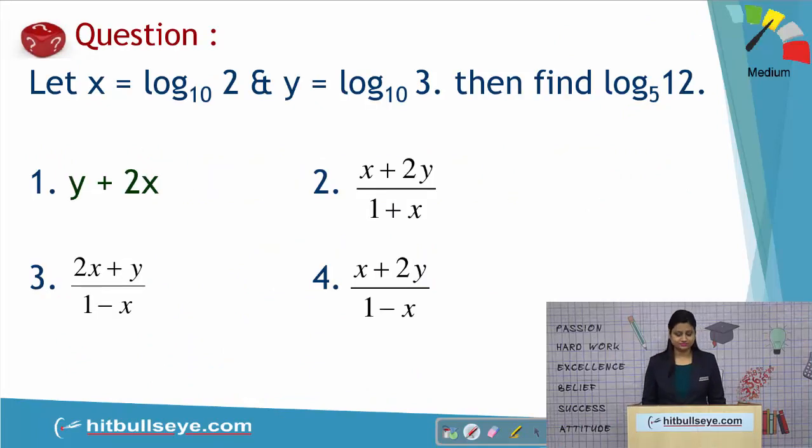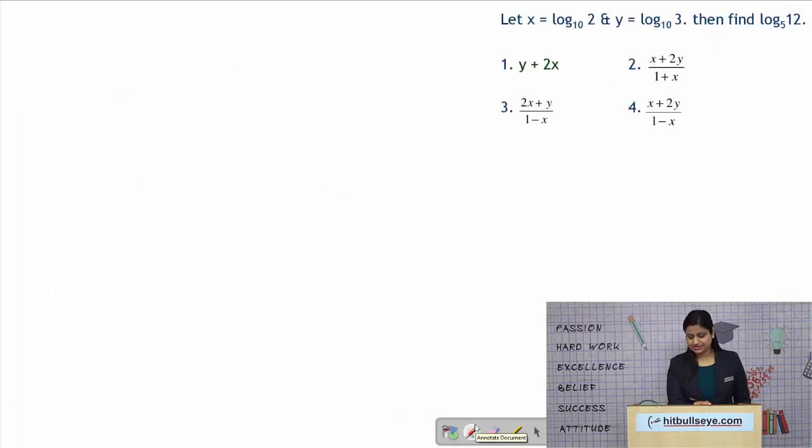Now the next question. Let x is equal to log 2 with base 10 and y is equal to log 3 with base 10. With the help of these two values, we want to calculate log 12 with base 5. And the options are also given in this question. So let us see. You can see here that all the options are in the form of x and y. So we want to make use of these two values, log 2 with base 10 and log 3 with base 10.